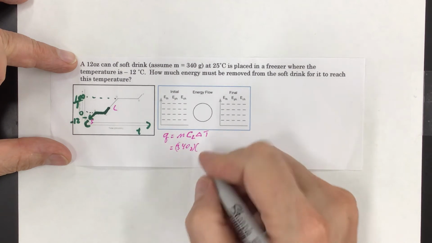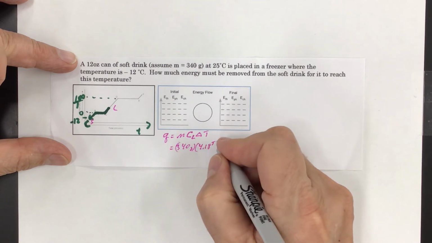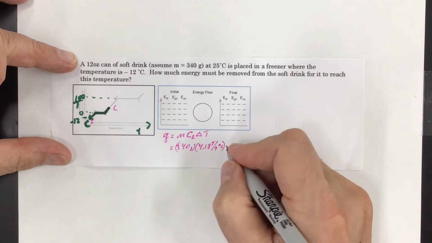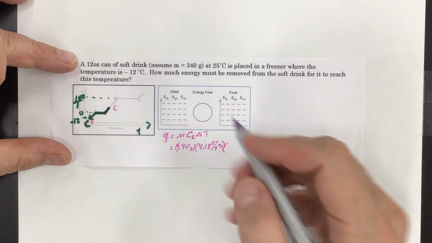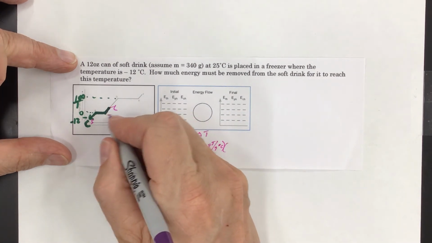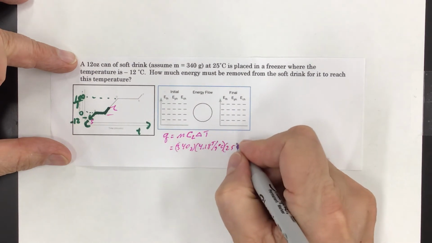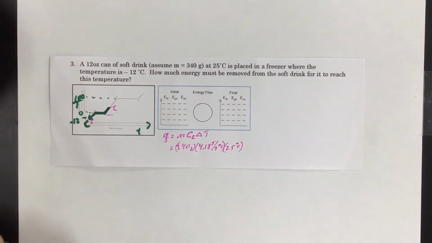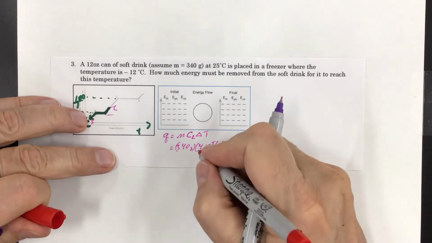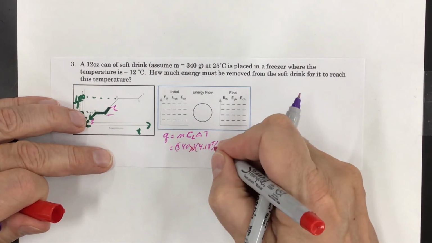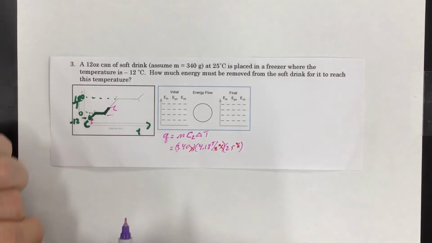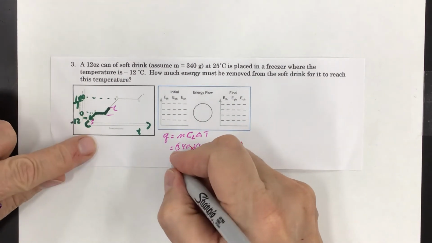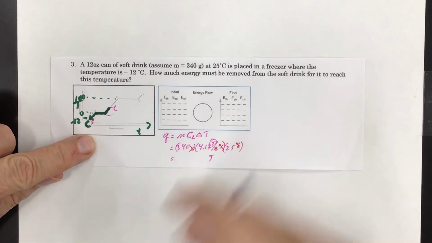The heat capacity of the liquid is 4.18 joules per gram degrees Celsius, and the change in temperature goes from 25 down to 0 in this section. Right? Starts here at 25, ends at 0, so that's a 25 degree Celsius temperature change. And if you look, you notice the grams numerator and denominator will cancel, the degrees Celsius numerator and denominator will cancel, and we'll be left with an answer in joules. Those are the only units left.